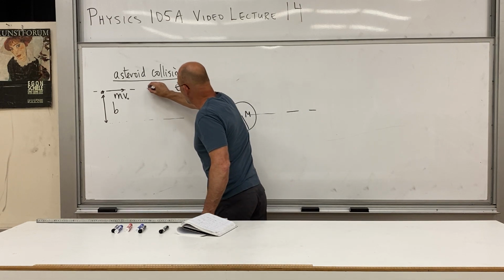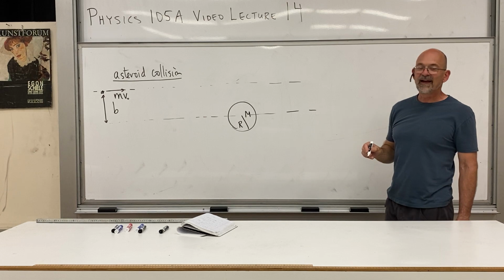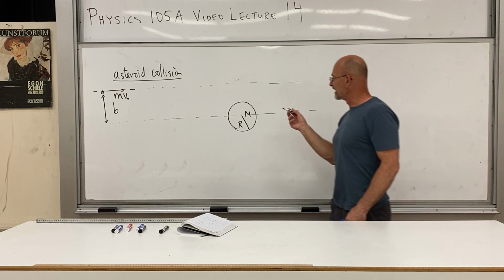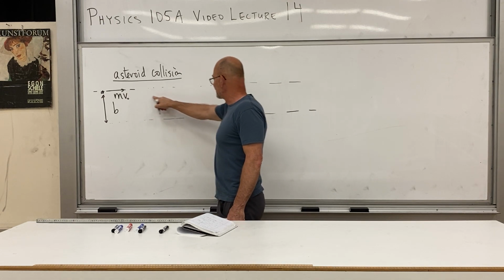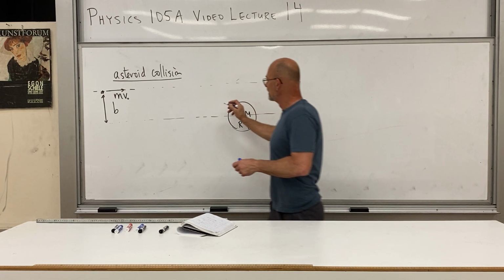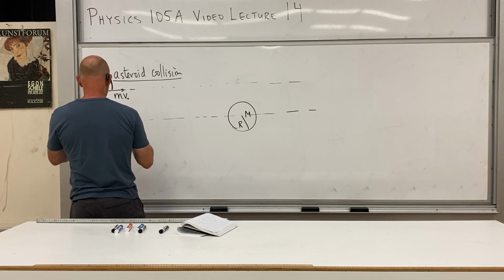But is it just going to blow by? If it's going fast enough, it would. But the worst possible case scenario is that it just hits head on somewhere, and the boundary between those two is if its orbit, how about another color for the orbit?